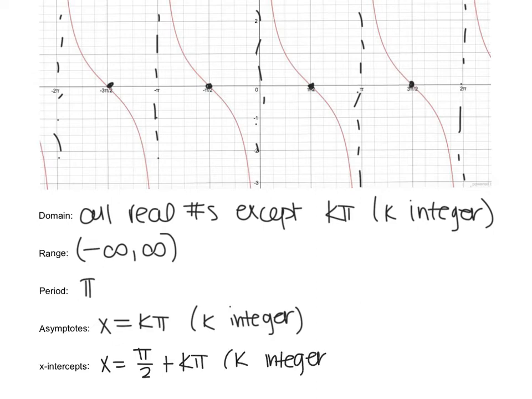If we're comparing the cotangent and tangent graphs, their values excluded from the domain and x-intercepts are just switched, which makes sense because they are reciprocals of each other. It makes sense that the domain, asymptotes, and x-intercepts would be switched as well.